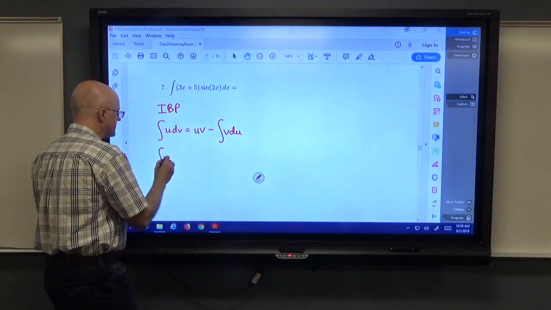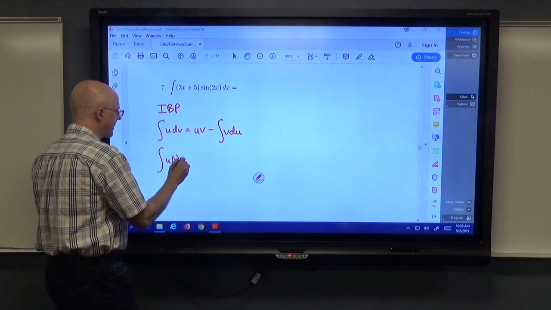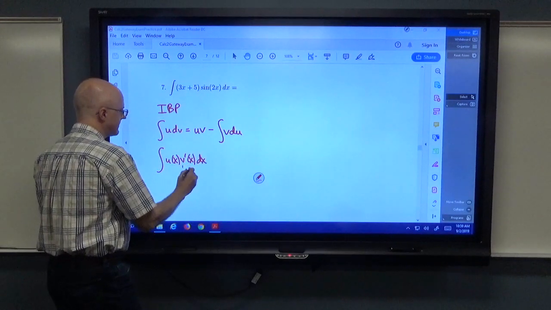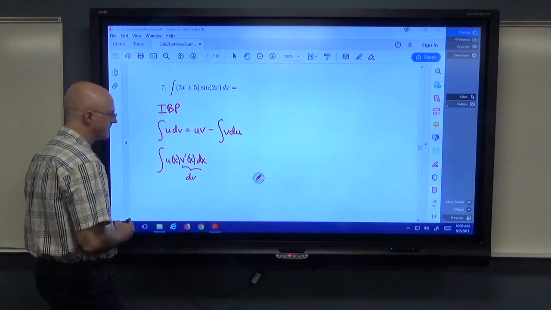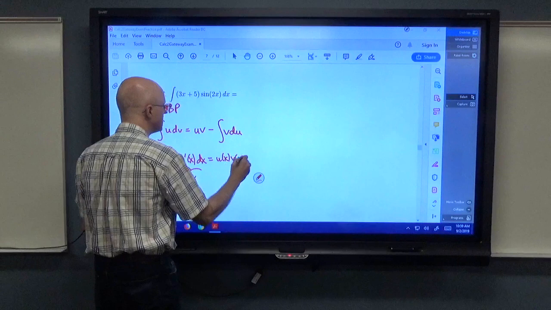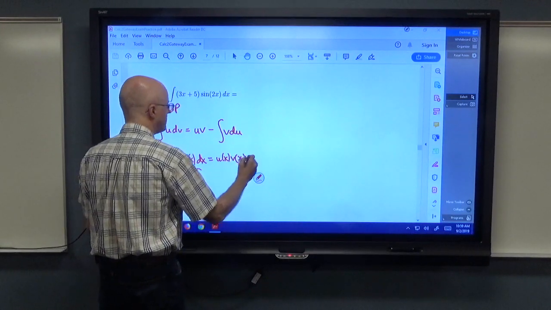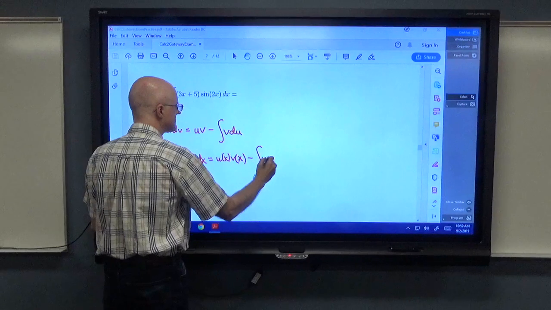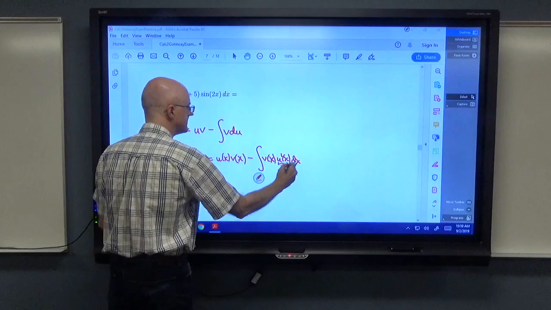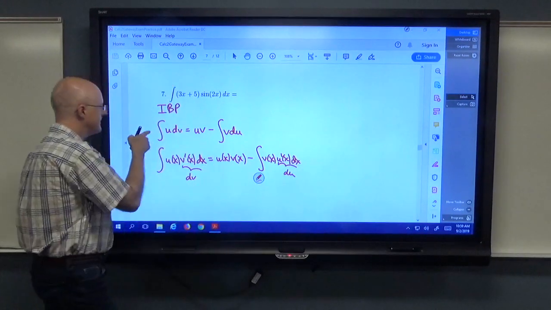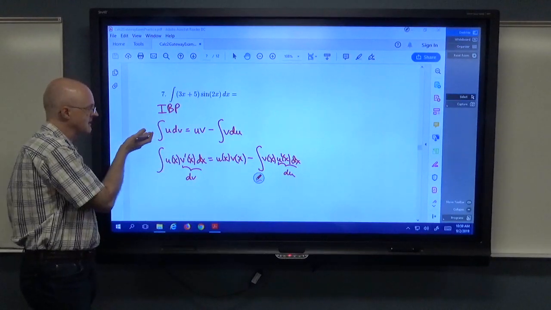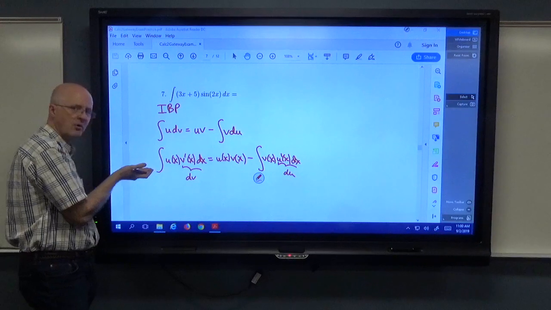You could say it as the integral of u of x v prime of x dx, where this thing really represents the dv, equals u of x times v of x minus the integral of v of x times u prime of x dx. This is really the du. Here, it's implicit that there's another variable like x that we're not showing. So this is a less formal way of writing it, and this is more formal.